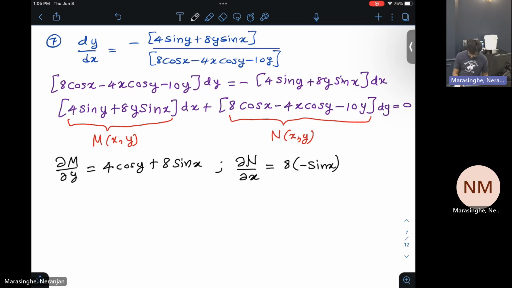And then I have to evaluate the partial derivative of negative 4x cosine y with respect to x. That is negative 4 cosine y.